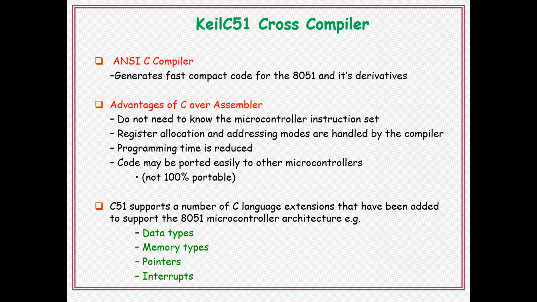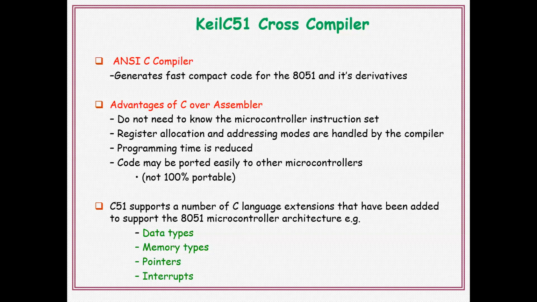So we know that the ANSI C compiler generates fast, compact code for the 8051 and its derivatives. The advantages of C over assembly are: you do not need to know the microcontroller instruction set.